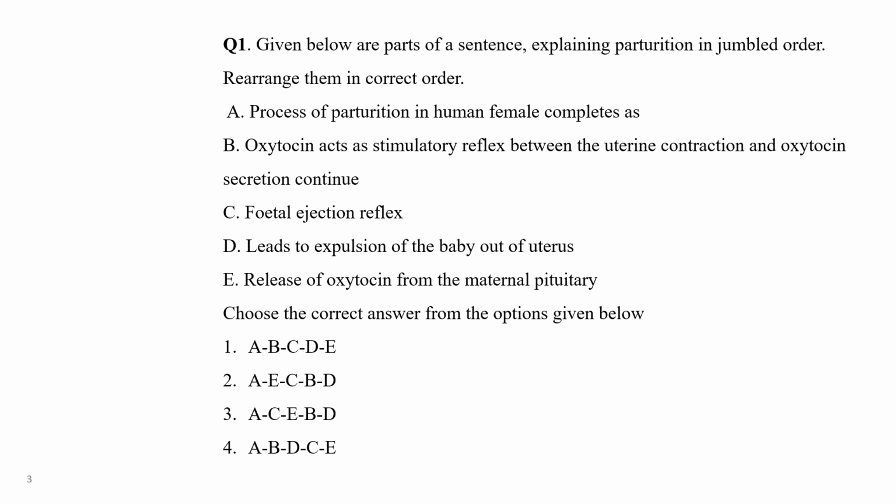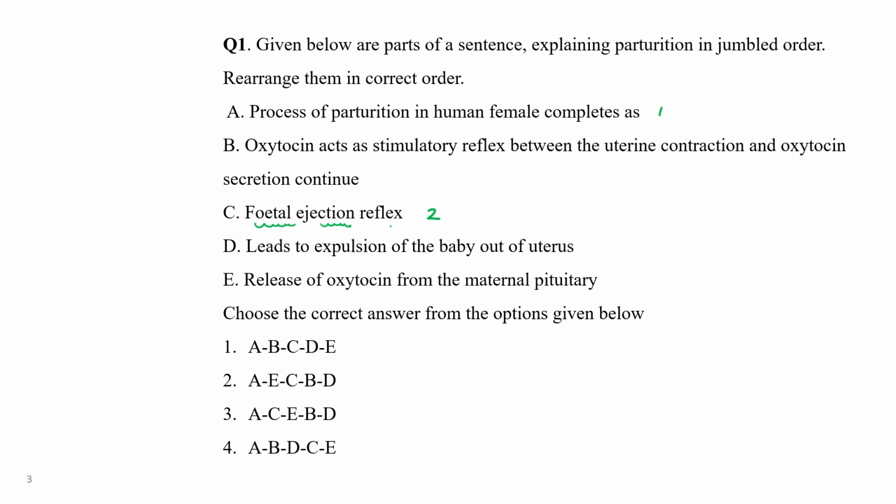The process of parturition in the human female completes as. Obviously, option A comes in the first position, right? Then the fetal ejection reflex occurs. This is the first step, so this is at the second position.